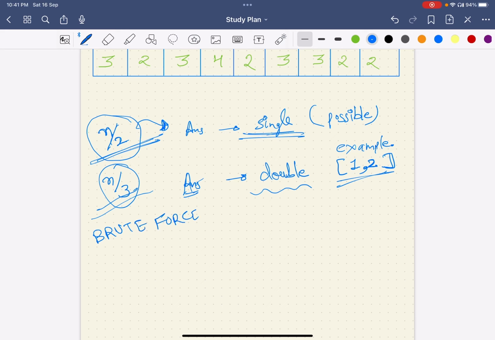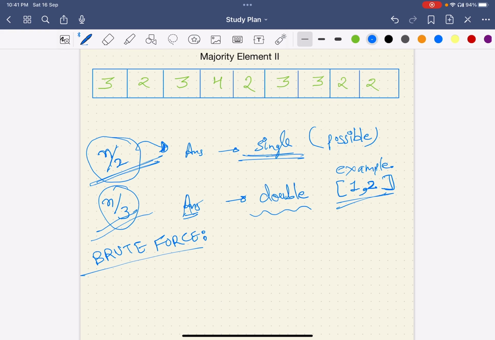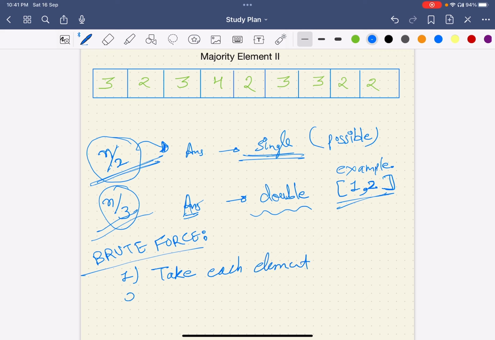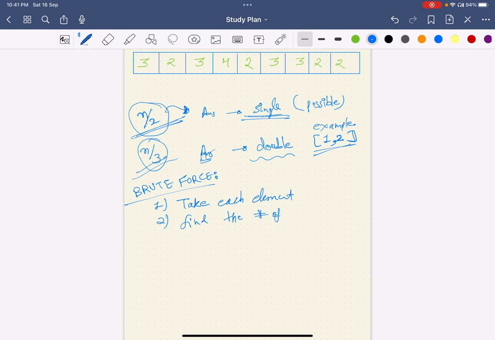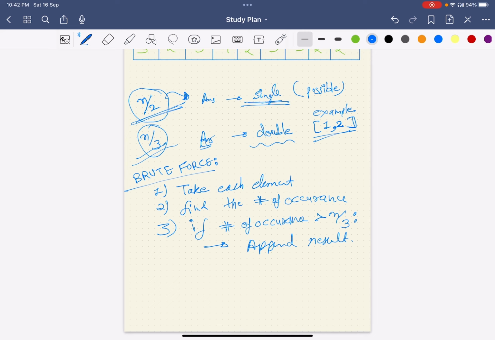The first thing that comes to our mind is to take each element and find the number of occurrences. If the number of occurrences is greater than n by 3 times, we will append this into our result and return it, right?